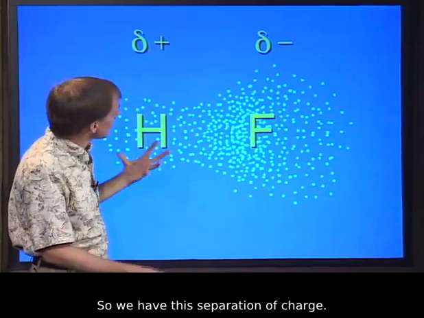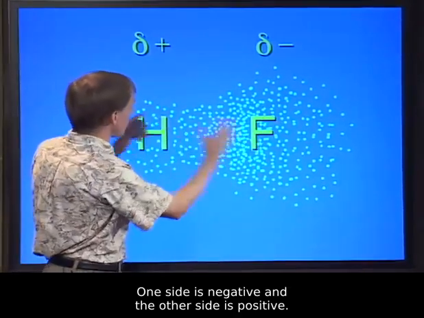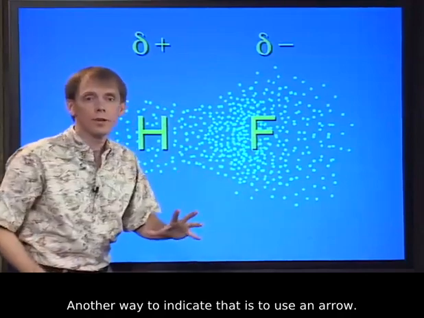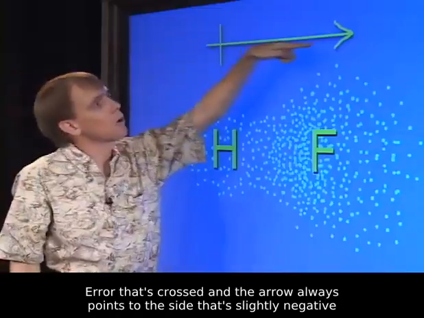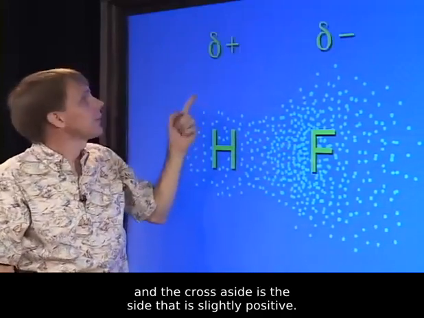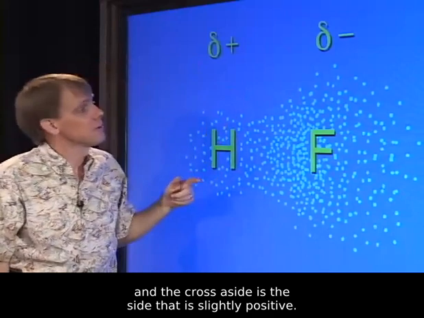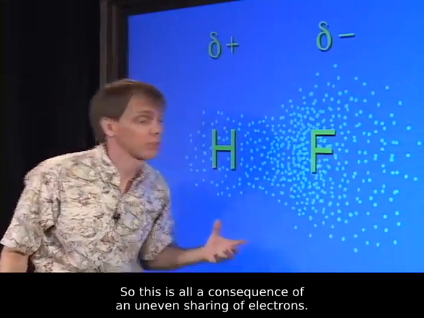So we have this separation of charge. One side is negative and the other side is positive. Another way to indicate that is to use an arrow that's crossed. And the arrow always points to the side that's slightly negative, and the cross side is the side that is slightly positive. So this is all a consequence of an uneven sharing of electrons.